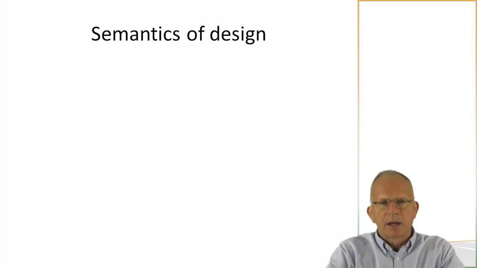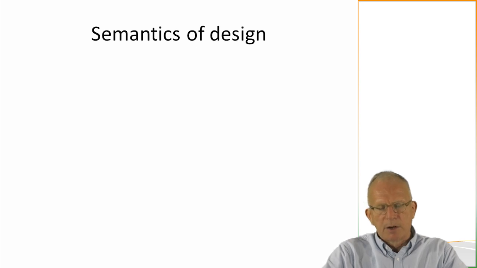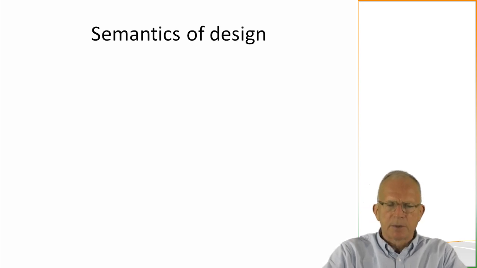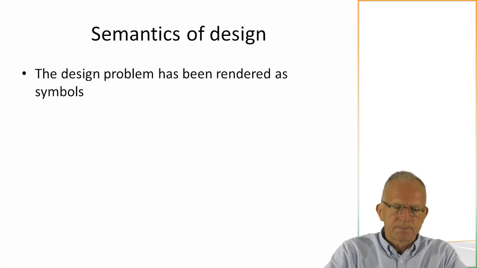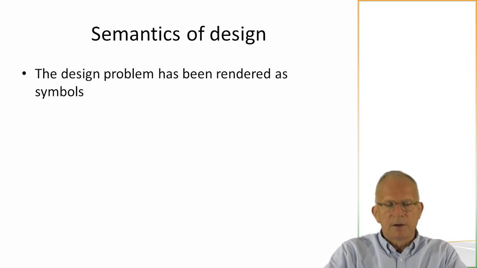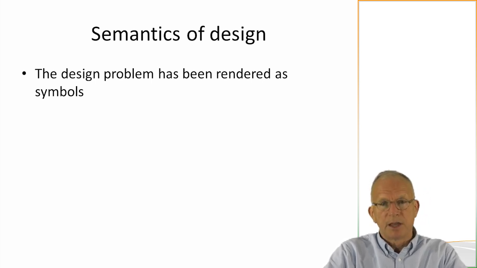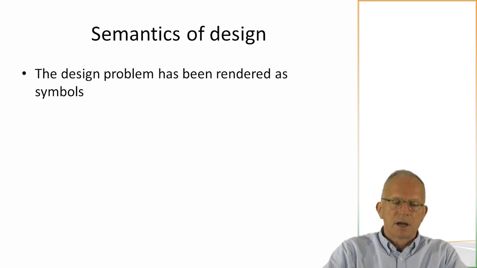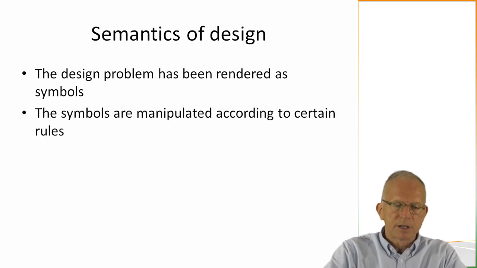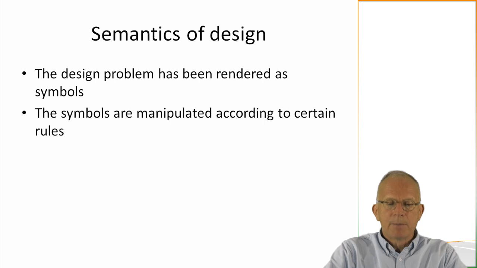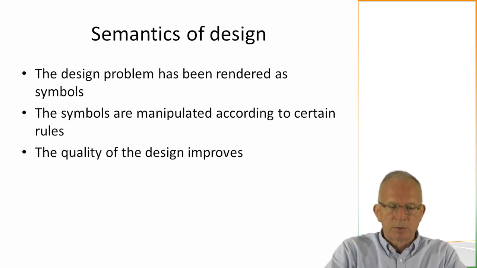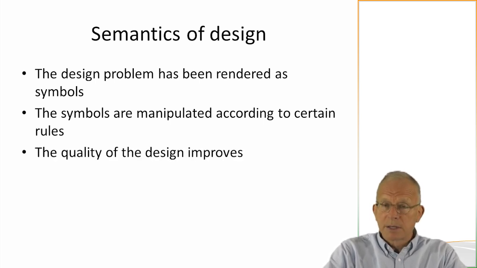All right, let's go back for a moment now, and in one of the earlier modules we talked about how all thought was about semantics, and semantics is essentially about symbol manipulating. So what we've done here with the design matrix and the FR and the DP column matrices is we've rendered the design problem to symbols. Then we can manipulate the symbols according to certain rules, and the quality of the design improves.